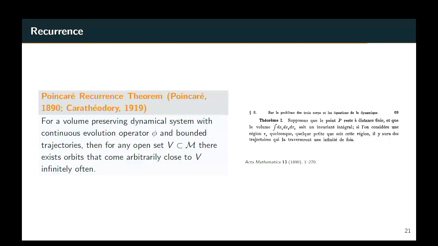But I believe this is Poincaré's recurrence theorem from his original treatise, when he was asked to solve the 3-body problem for the King of Norway or Sweden or somewhere. He didn't quite do that, but he got a prize anyway for doing a bunch of other things. One of the things he did was this recurrence theorem.